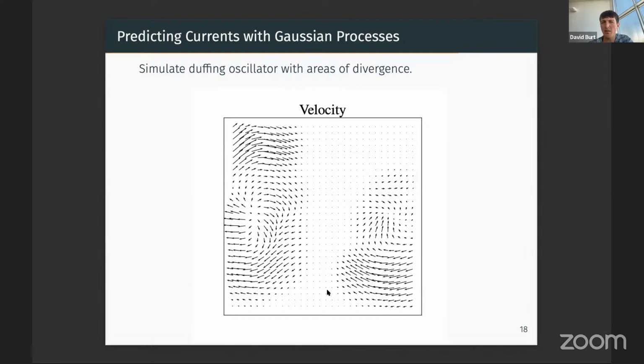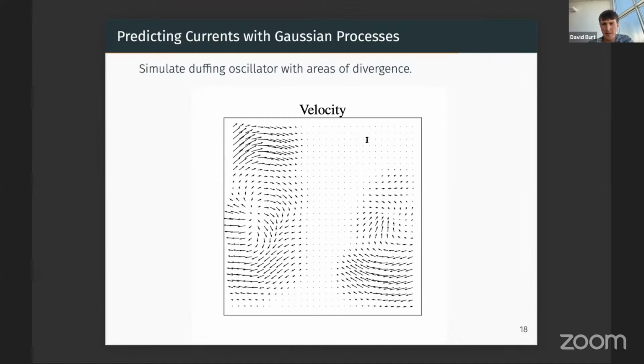And that's maybe not so surprising because the kernels are stationary and this region is kind of far away from the data relative to the length scales of the kernel. And so the model reverts to the prior here.